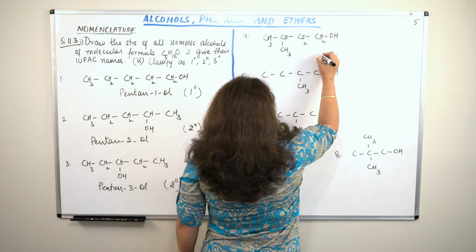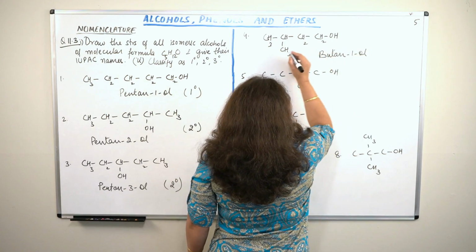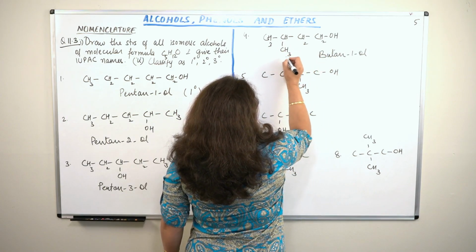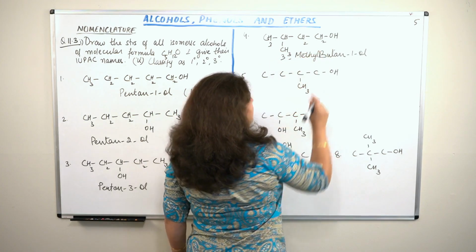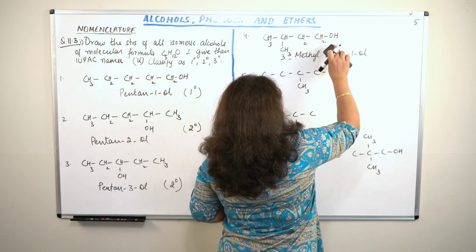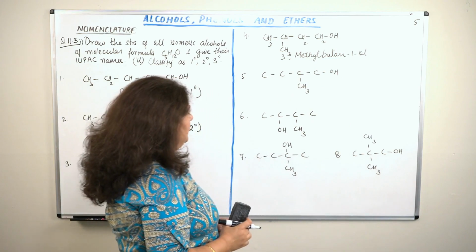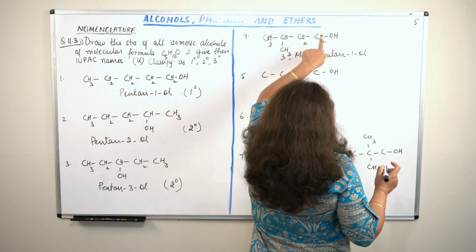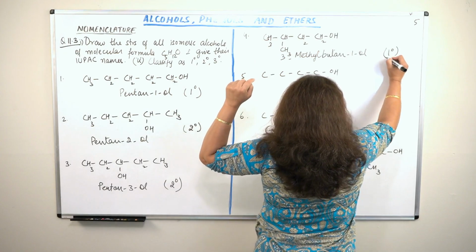So, it is butane 1-ol, and the methyl group is attached on the 3. 3-methyl, and since it is butane 1-ol and the name is not starting with B, this b should be a small alphabet and there should be no gap. So the name is 3-methylbutan-1-ol, and the OH is attached to a carbon which is attached to only one other carbon, so it's a primary alcohol.